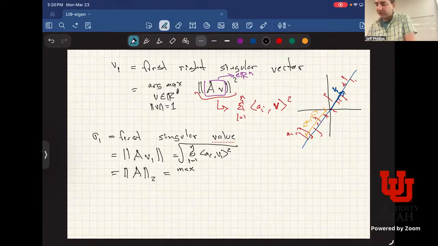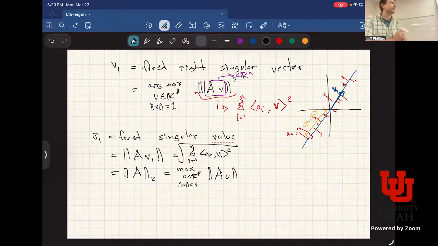It was the max over all directions U in R^D such that U had a norm of 1 of the norm of A times U. This was the definition of the spectral norm.